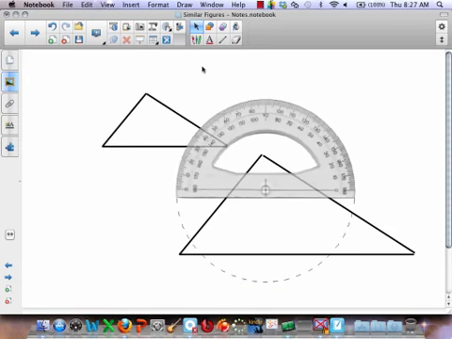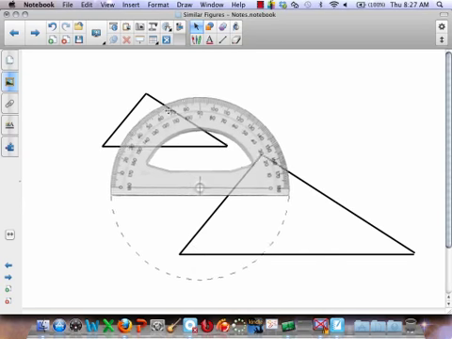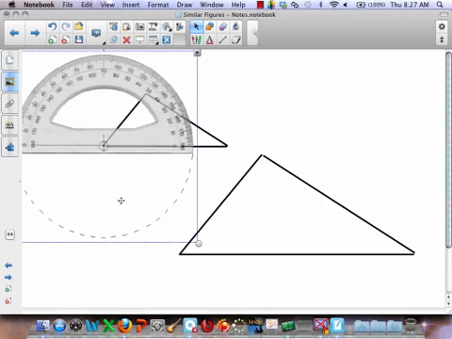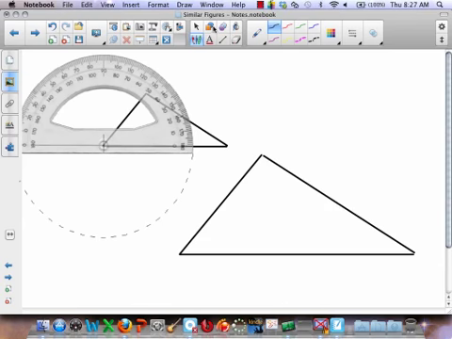There we go. Okay, so we have a protractor. And if I take my protractor and I measure this angle down here, what's the measure of that angle? Looks like it's about 50 degrees.